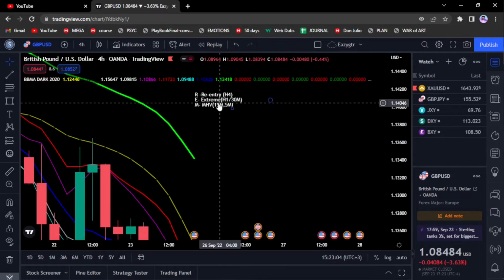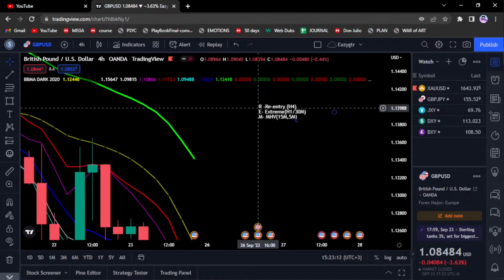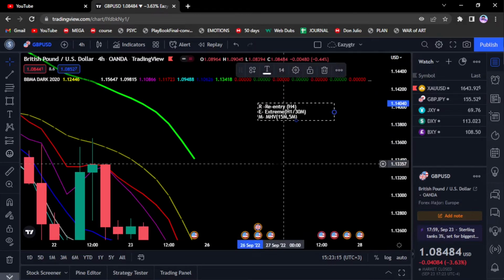I'm not the creator of the BBMA, I'm also a student. The REM code means the re-entry, extreme, and MHV. MHV simply means market hilang volume in Malay, a term used to represent a market loss in volatility.